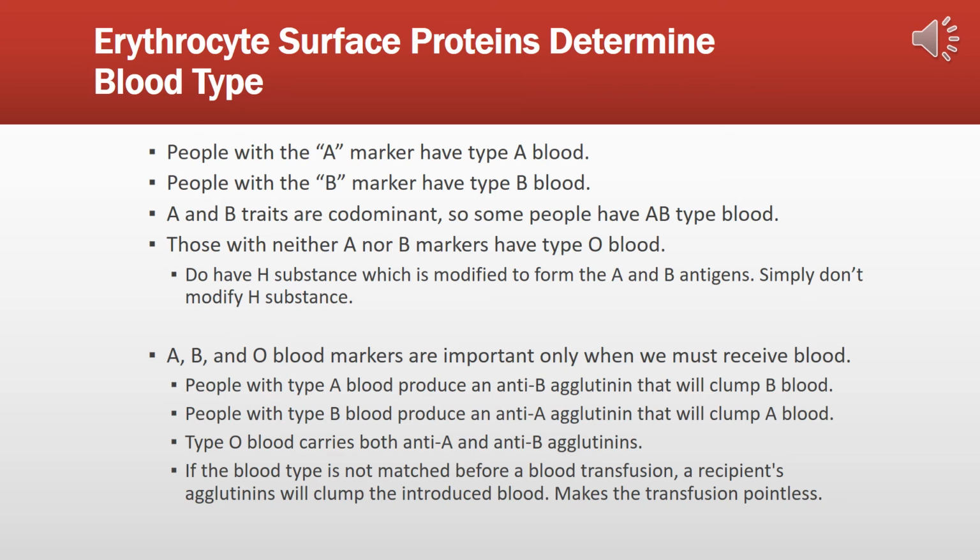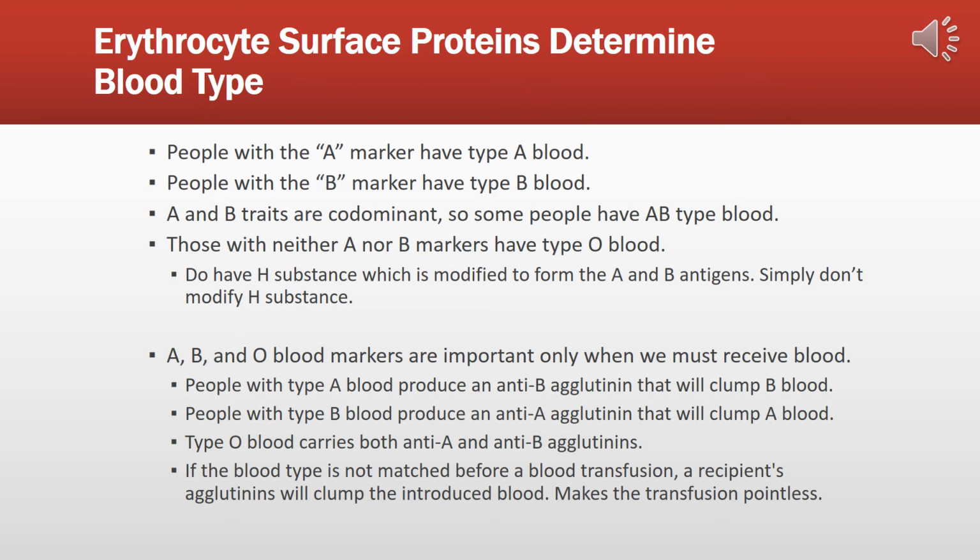However, they do produce something called H substance, which is modified in people with A and B type blood such that it forms the A or B type marker or antigen. So in people with O type blood, they simply don't modify this H substance, so they don't have the A or B marker.